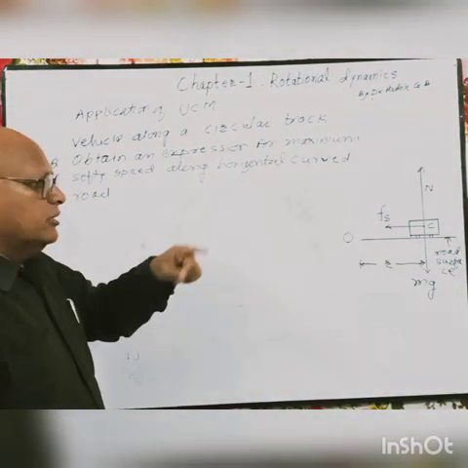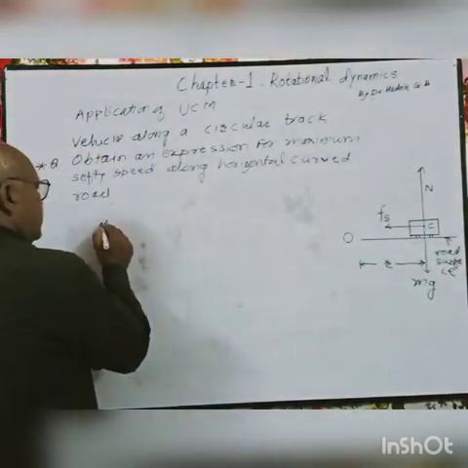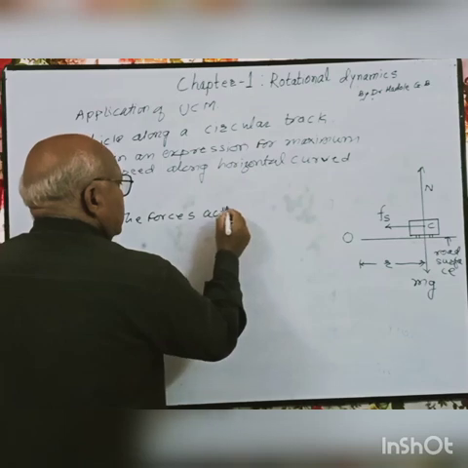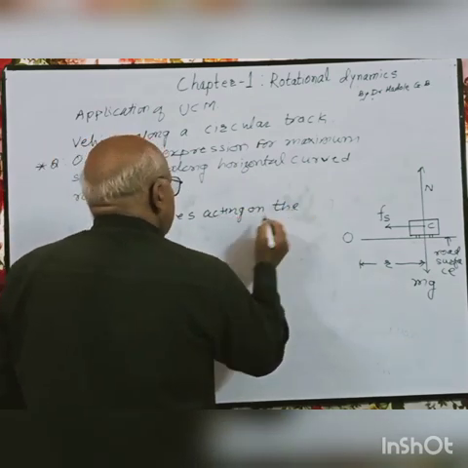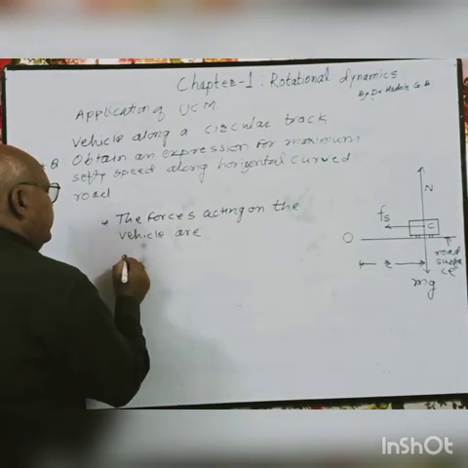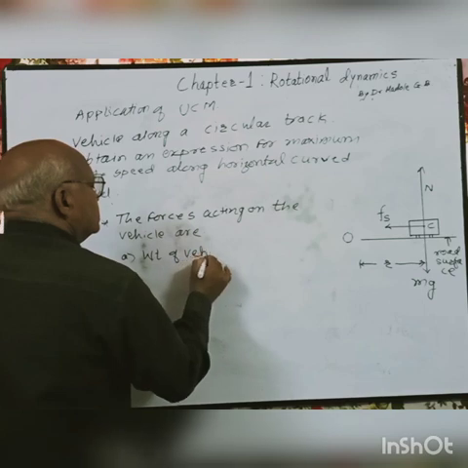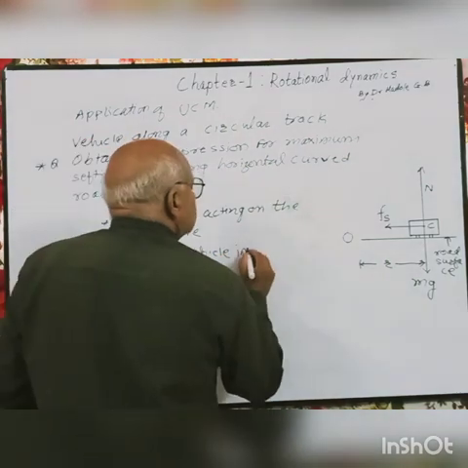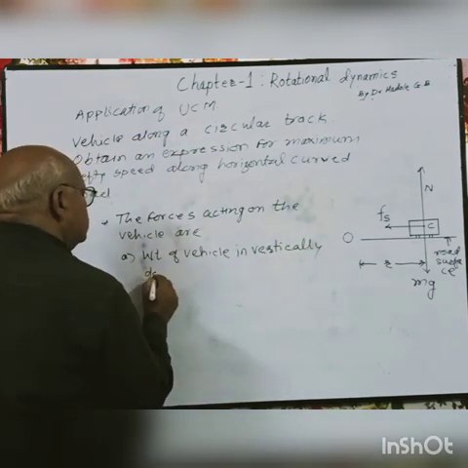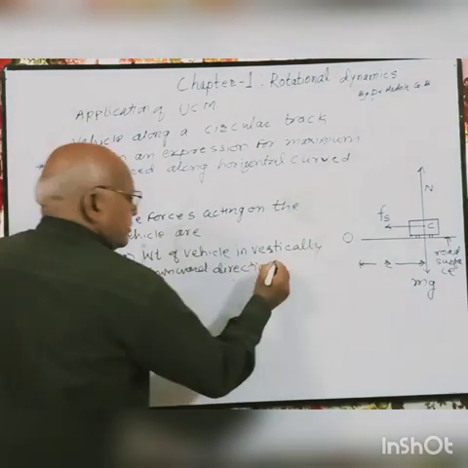When it is moving along a horizontal curved road, at any instant, the forces acting on the vehicle are: A. Weight of the vehicle in the vertically downward direction, that is mg.